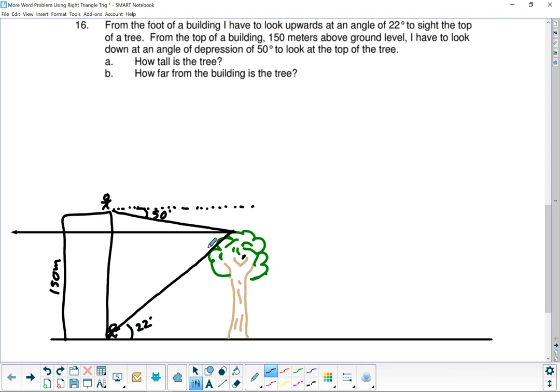That's 22 degrees, and since these are parallel lines, this is also 22 degrees. And that's 50 degrees, and since the dotted line and this line are parallel, this is also 50 degrees. So in total, that big angle is 72 degrees. If that helps.